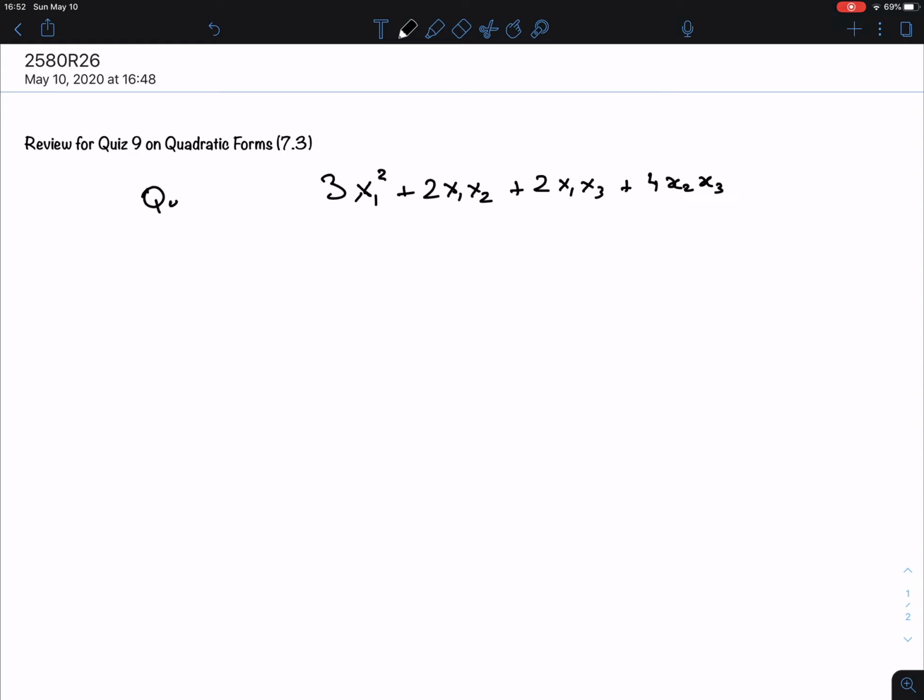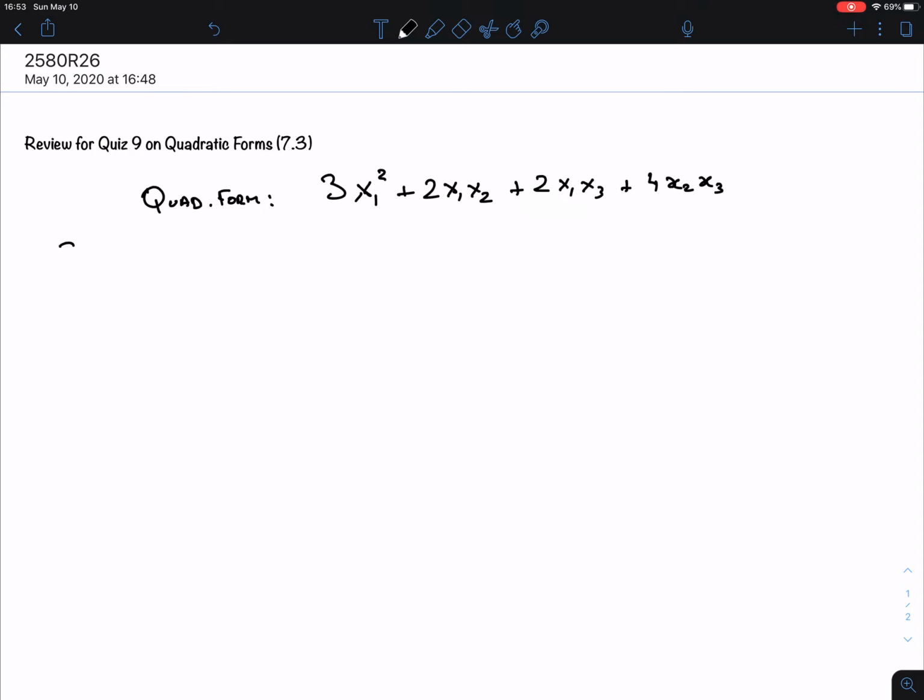So this is our quadratic form. I remind you, a quadratic form is basically a polynomial in, this time, 3 variables of degree 2, with only degree 2 monomials.